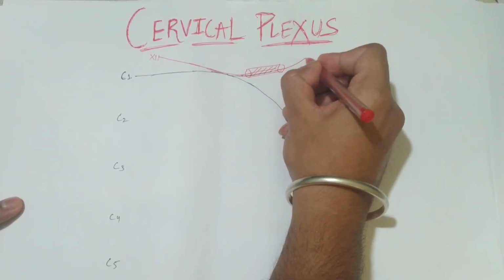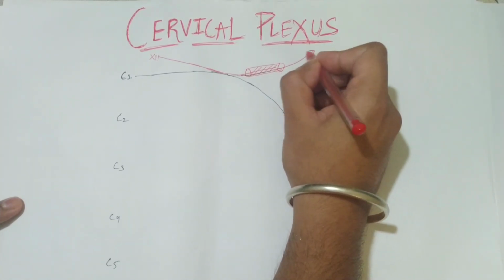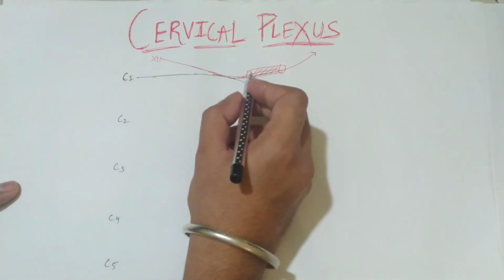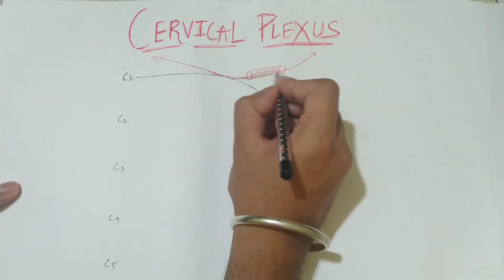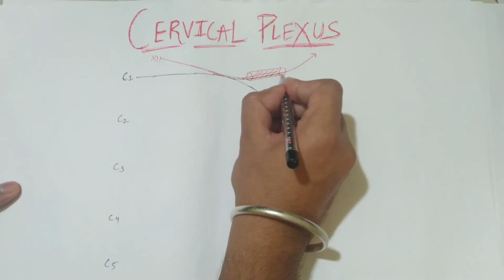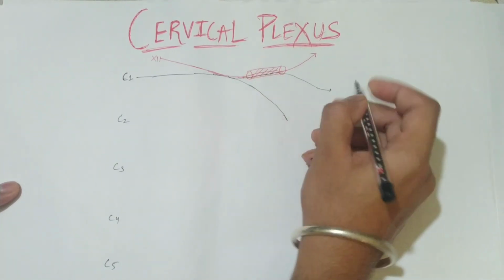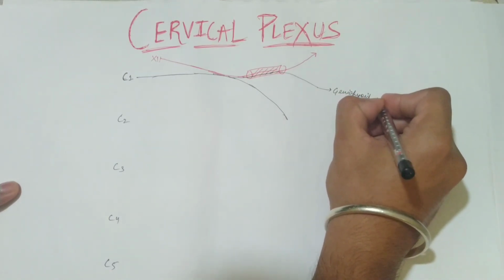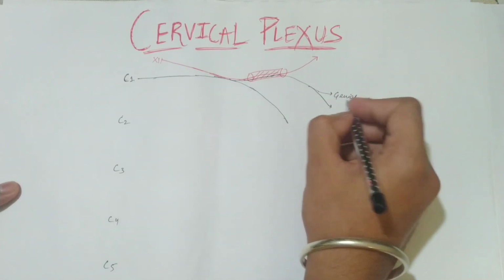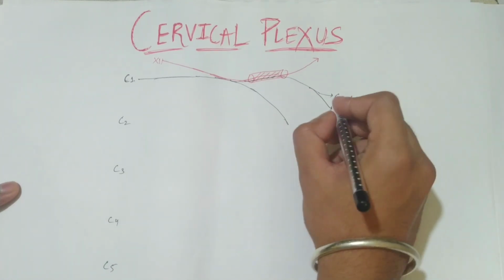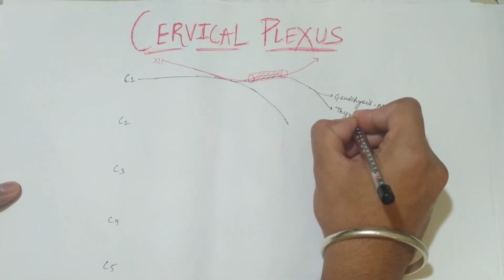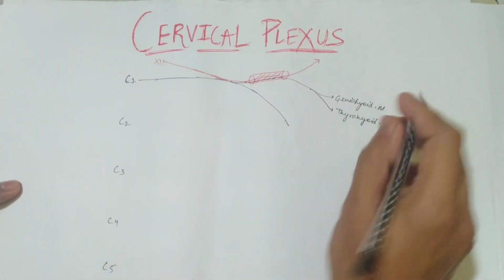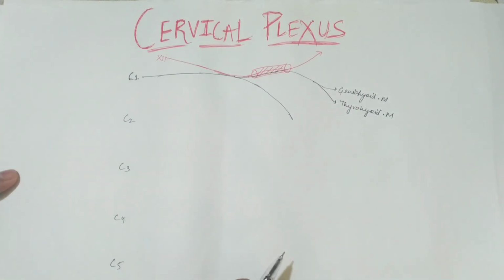The hypoglossal nerve supplies your tongue muscles, as we discussed in our previous hypoglossal video. The branch coming from the C1 root and going along with this hypoglossal nerve supplies two muscles. The first one is the geniohyoid muscle, and the second one is the thyrohyoid muscle. Geniohyoid elevates your hyoid bone, and thyrohyoid depresses your hyoid bone.